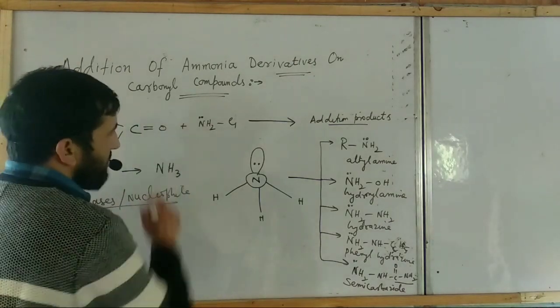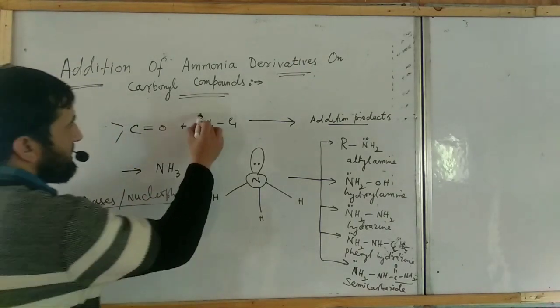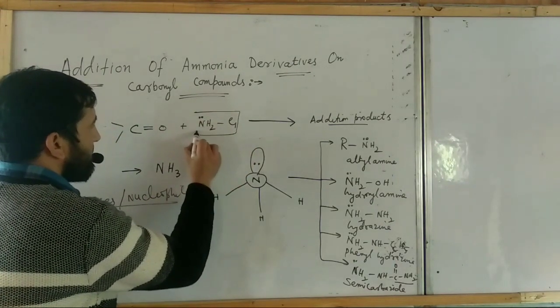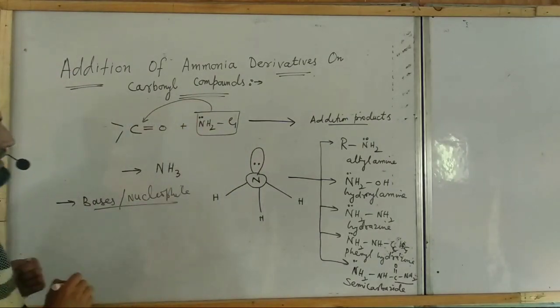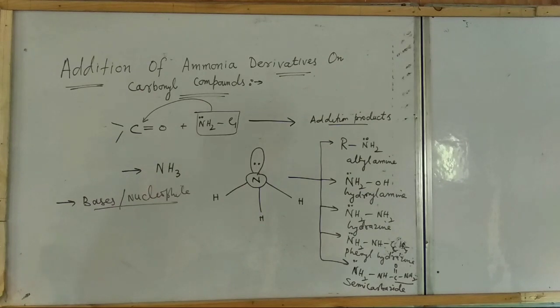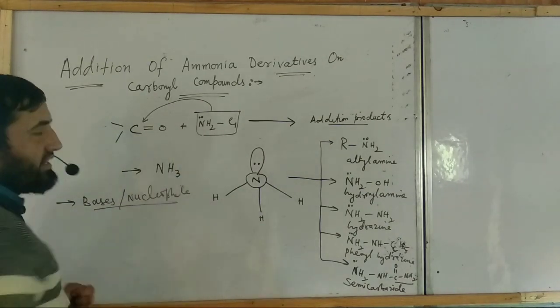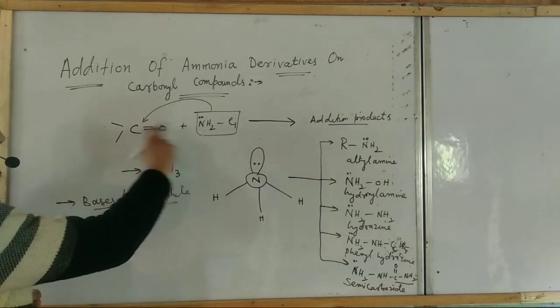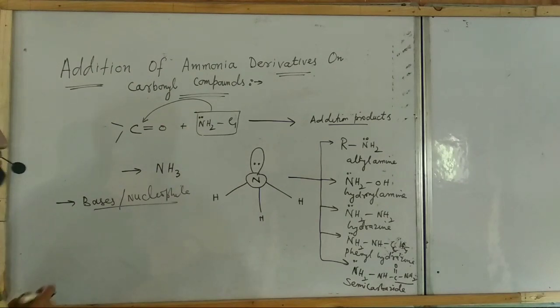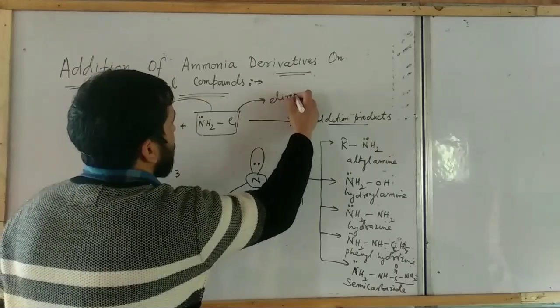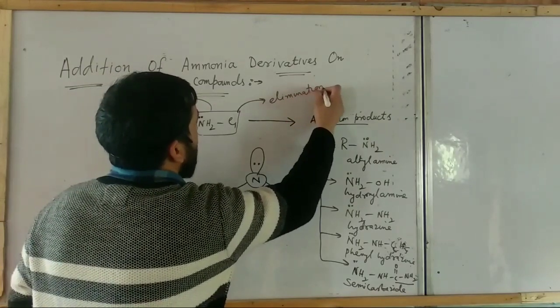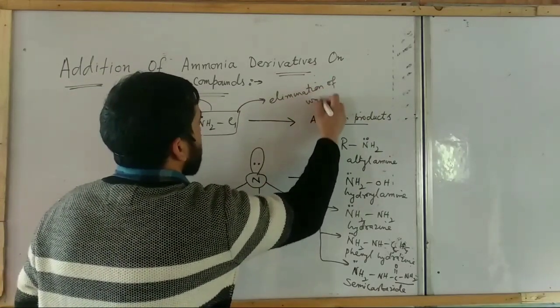Now when these ammonia derivatives, that is NH2G, attack on the carbonyl group, that is C double bond O group, there occurs the nucleophilic addition. But the nucleophilic addition of these ammonia derivatives on aldehydes and ketones always involve the elimination of water molecule.